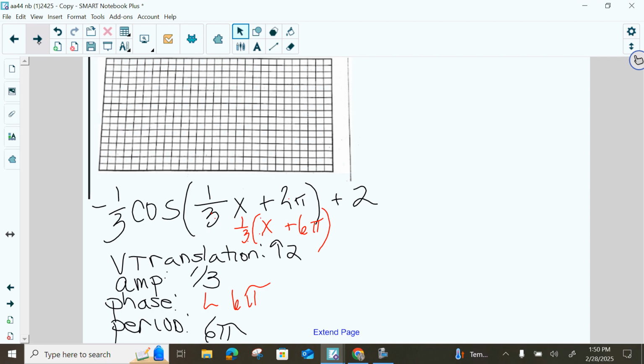Try to break up your x's. 0 to 2 pi. So you're going to go 0 less than or equal to this, less than or equal to 2 pi. So write that, and then you solve for x.